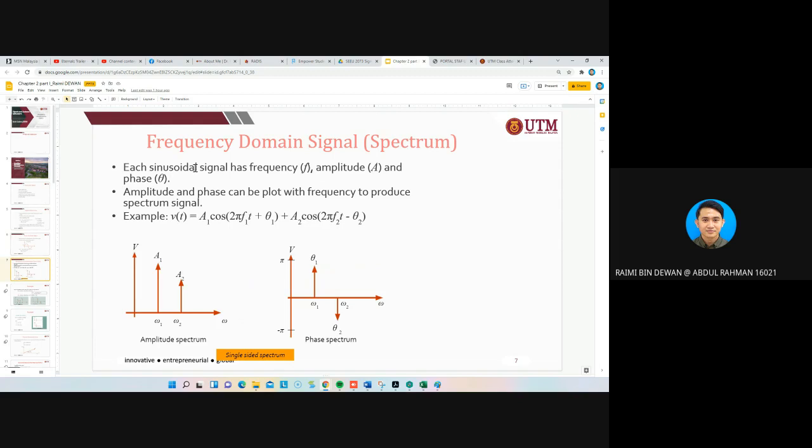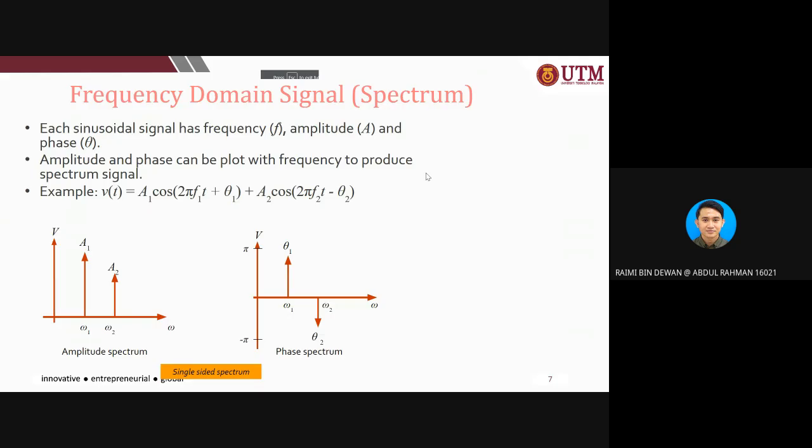Next, frequency domain signal. We see a spectrum. Okay, the spectrum is actually to describe our frequency domain signal. Each sinusoid has a frequency f, amplitude A, you see capital A, and phase theta. Amplitude and phase can be plotted with frequency to produce the spectrum signal.